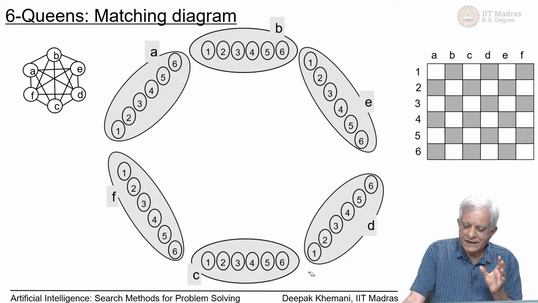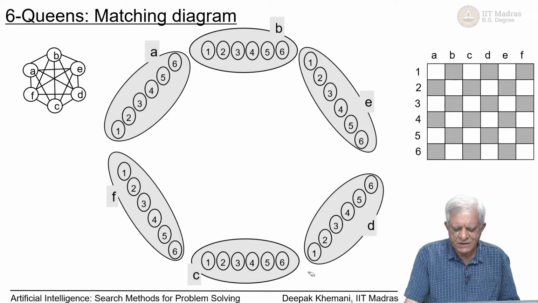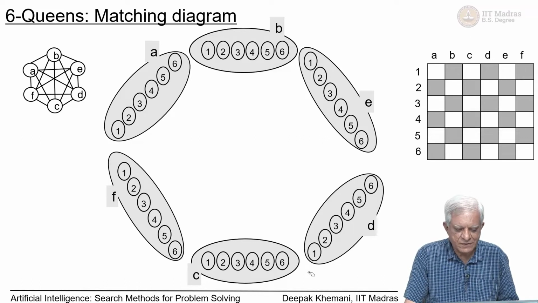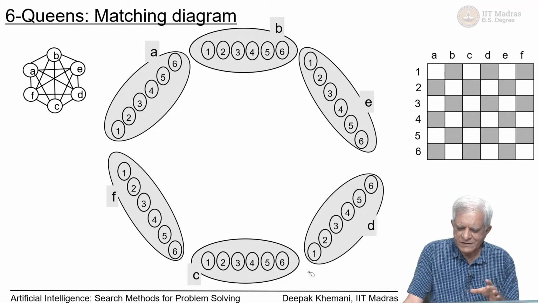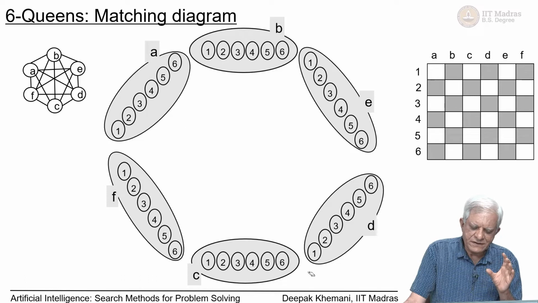If you look at the matching diagram for this, then let us try to get a feel of this matching diagram, and this should give us a feel of the fog of uncertainty that I was talking about. So, there are 3 things on this screen at this moment. On the rightmost is the chessboard on which you are trying to place the 6 queens. On the left side is the constraint graph. Remember, the constraint graph is a graph which tells you which variable is related to which variable.